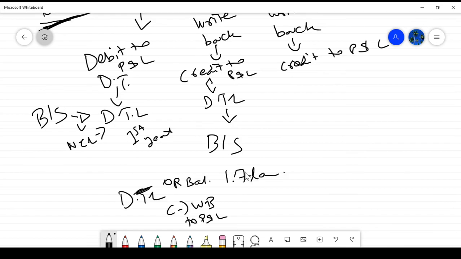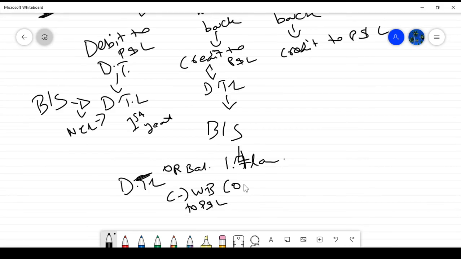It is not 1.7, it is 1.4 lakhs. 1.4 lakhs minus 0.7 credited to the P&L account, then it becomes 0.7 lakhs. My balance sheet closing balance becomes 0.7 lakh.